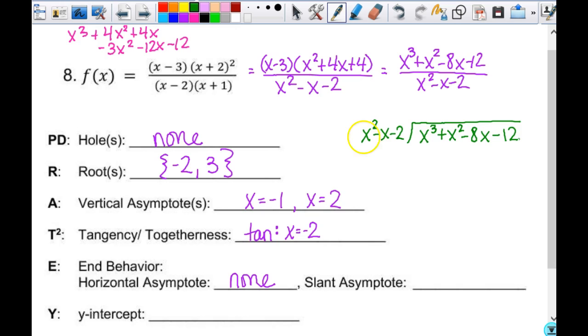All right, so x squared goes into x cubed x times. x times x squared is x cubed. x times negative x is negative x squared. x times a -2 is negative 2x. So then I have to change my signs.